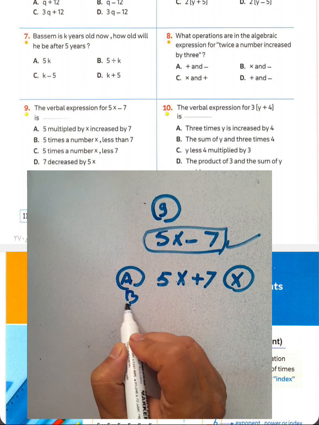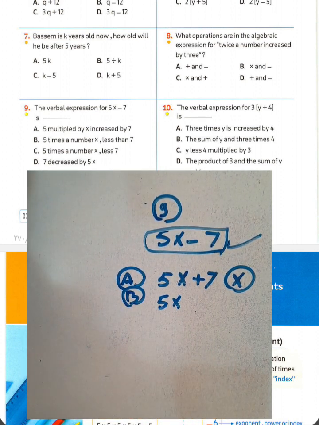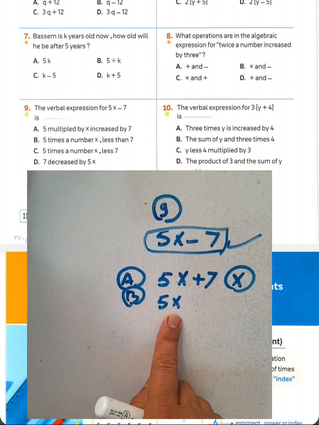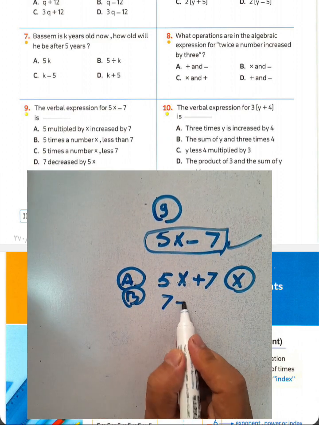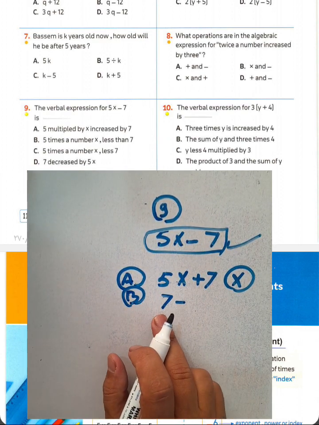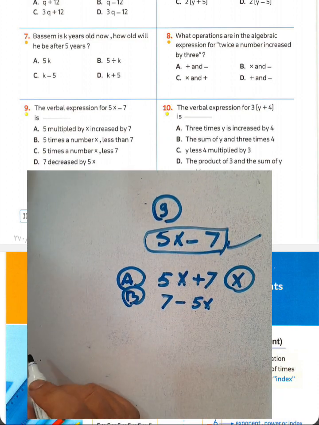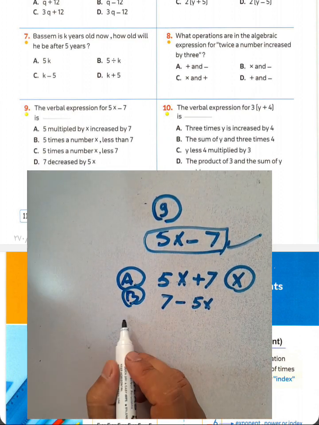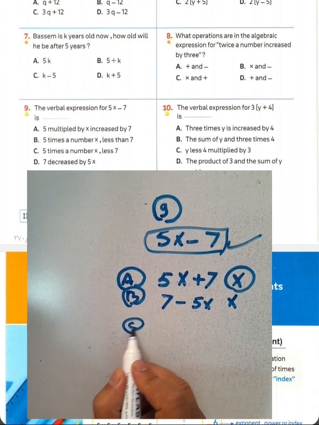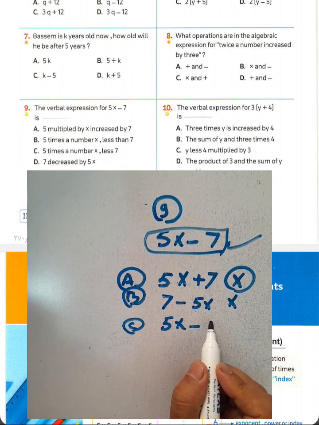Letter B. 5 times the number x less than 7. Then 7 is the greatest, so it would be 7 subtract 5x. Don't choose letter B. Letter C. 5 times a number x less 7.